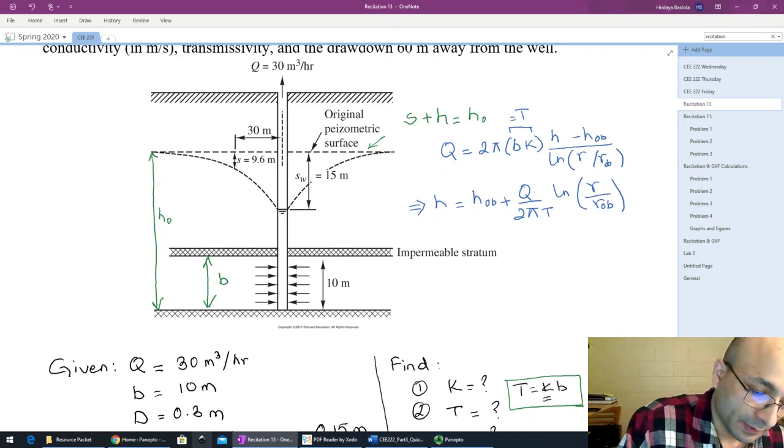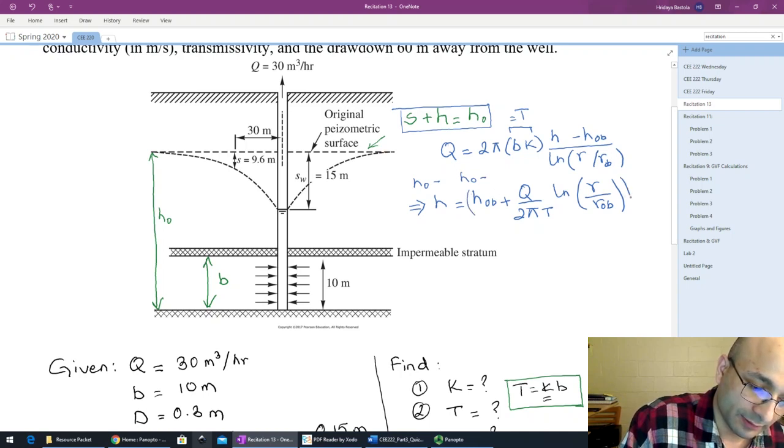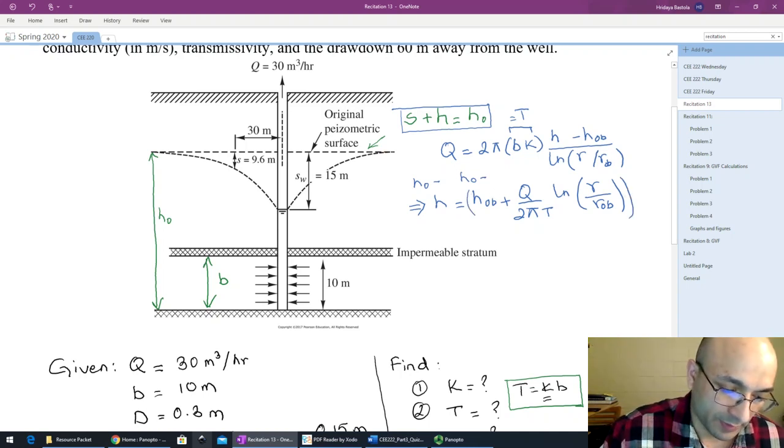And using this relationship, we can express this in terms of drawdown. So drawdown at any given point is going to be h naught minus this value. So we could subtract this entire thing from h naught.